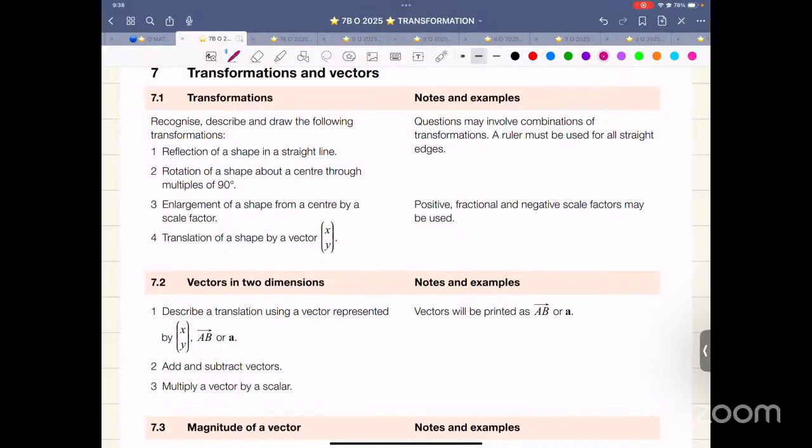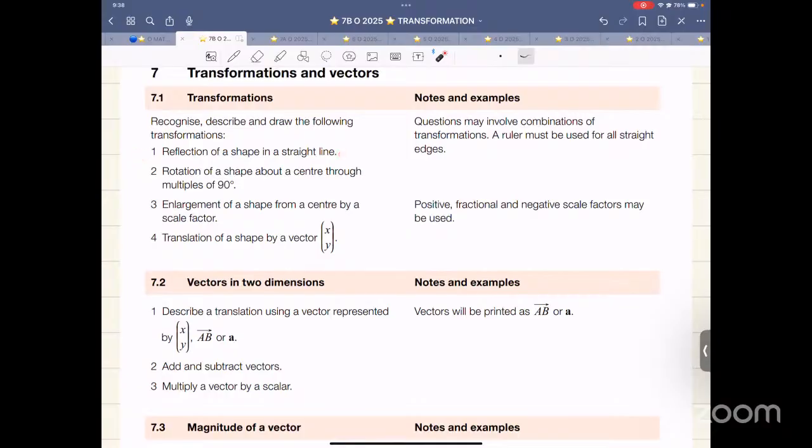So transformation: recognize, describe, and draw. So maybe it's about looking at the diagram and giving an answer, describing it, or the examiner is asking you to draw it.